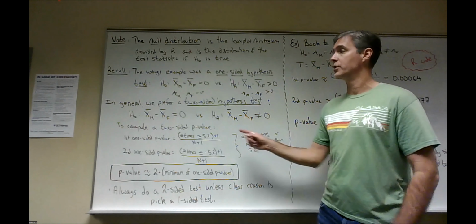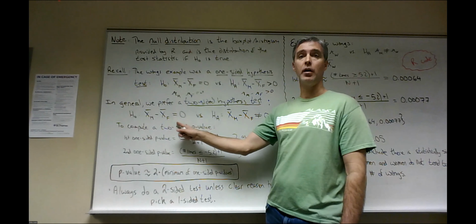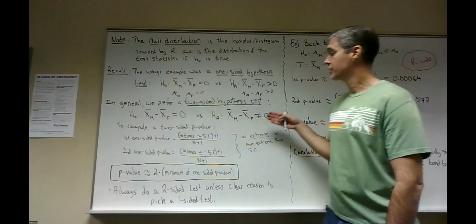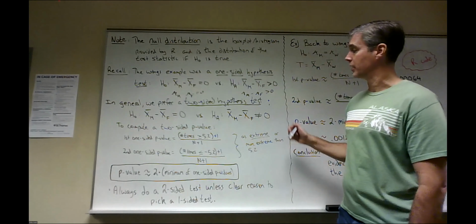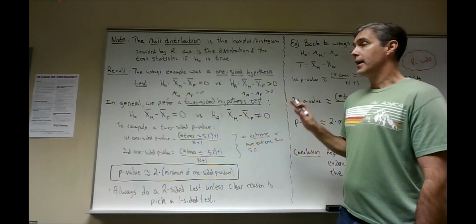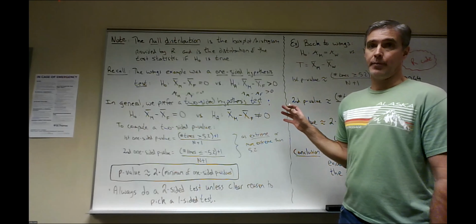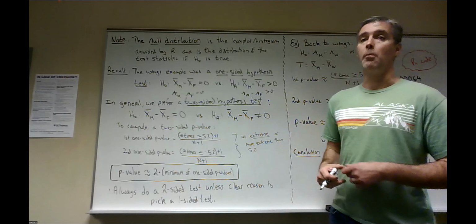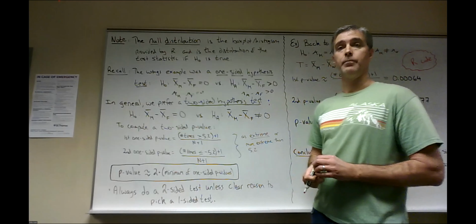So either way, we just want the opposite of the null hypothesis, okay? So this is called a two-sided hypothesis because it incorporates both the greater than and the less than. Okay? Now, in general, we wish to do a two-sided hypothesis test. It's a more statistically robust conclusion if we can get it, okay?